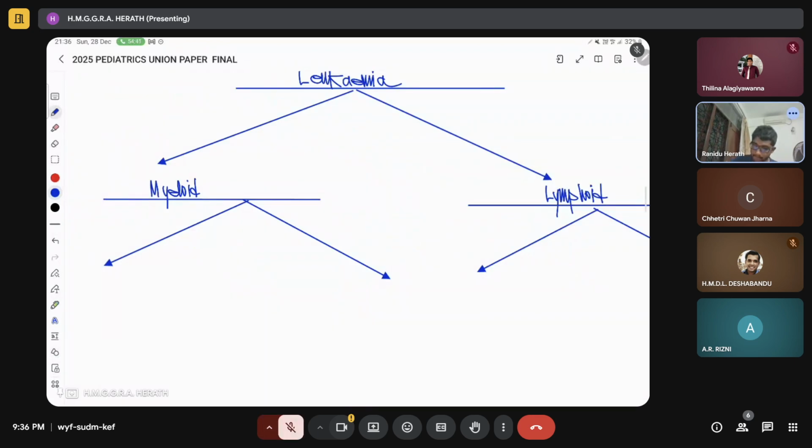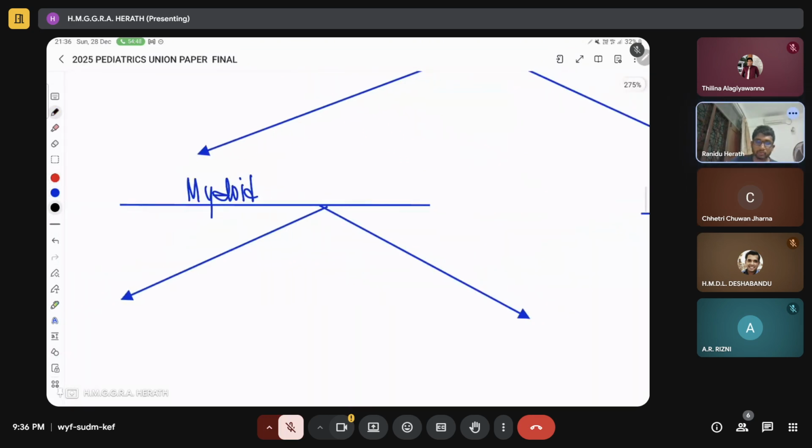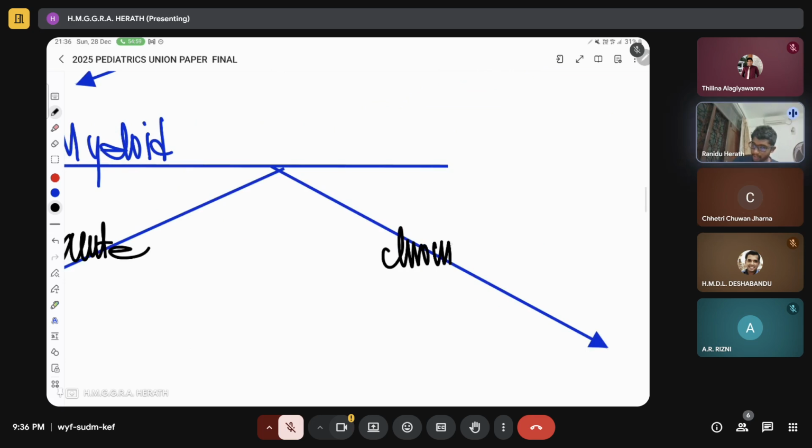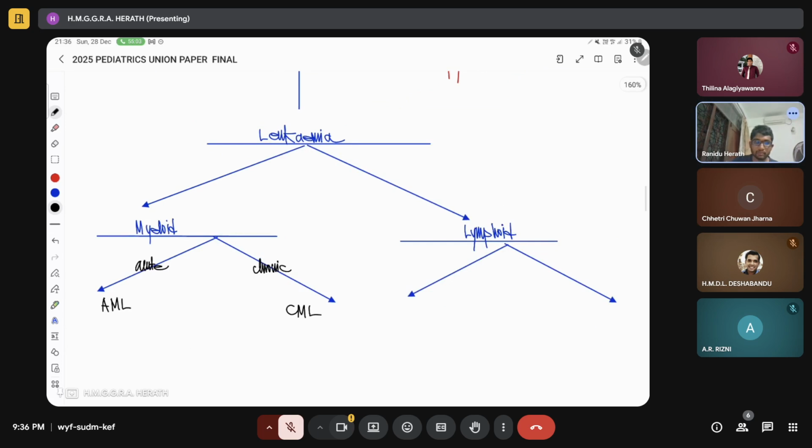What are the myeloid leukemias you know? Acute myeloid leukemia and chronic. So AML and CML. Right. How do you say it is CML or AML? Based on the timing. Why do you say sometimes it is chronic?